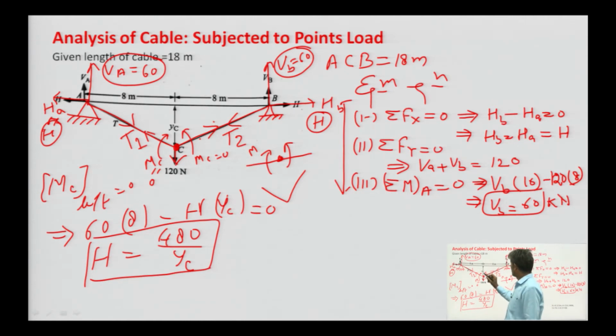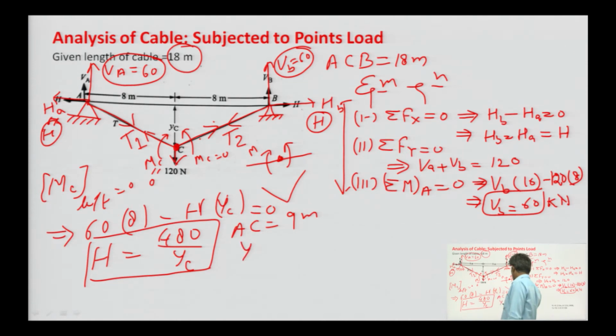YC here can be calculated easily. How? We know that the length of the cable is 18 meters. So, the length of AC and the length of CB will each be half, so the value of AC is equal to 9 meters.